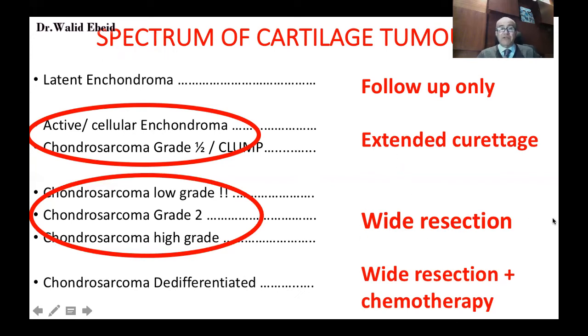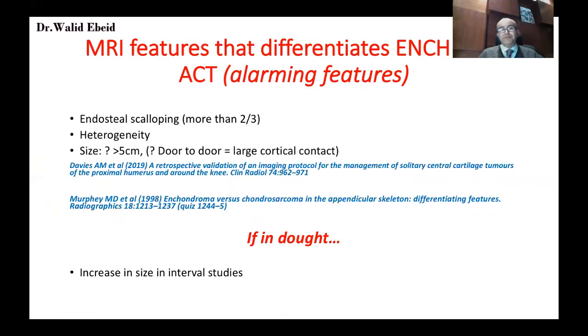So how do we differentiate between these two groups, clinically and radiologically? What are the MRI features that differentiate between the latent enchondromas and the atypical cartilage tumors, the ACTs? Actually, the main differentiating issue is the presence of endosteal scalloping. We find that the cartilage is actually scalloping the inner aspect of the cortex.